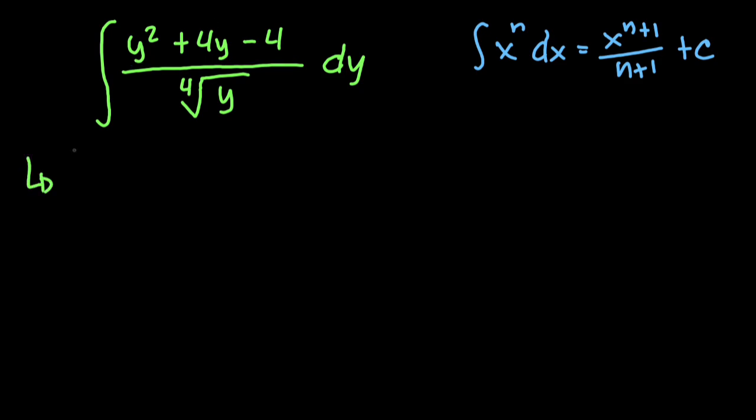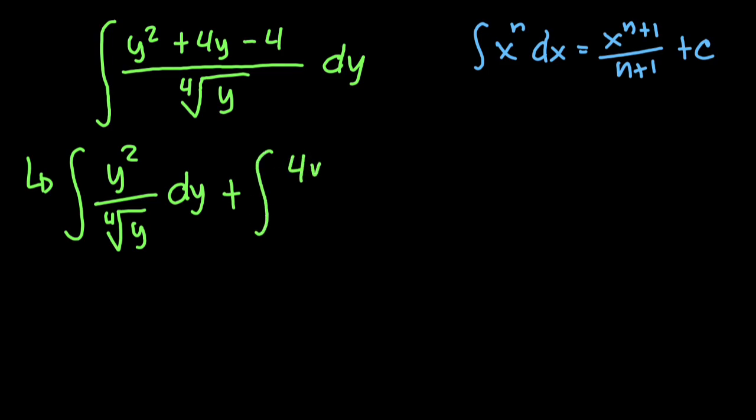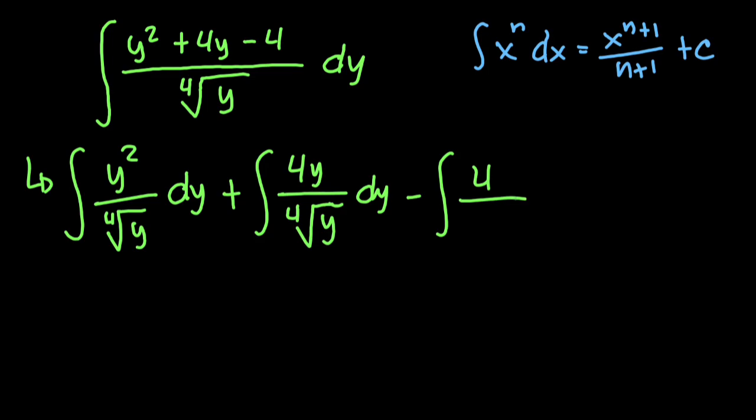This would be equal to the integral of y squared over the fourth root of y dy plus the integral of 4y over the fourth root of y minus the integral of 4 over the fourth root of y again, dy.